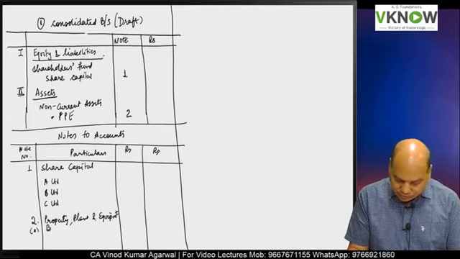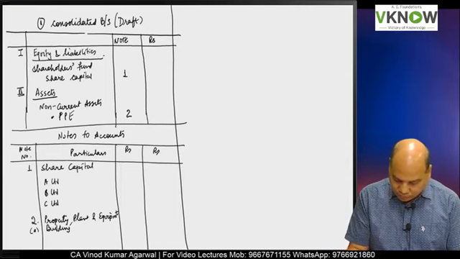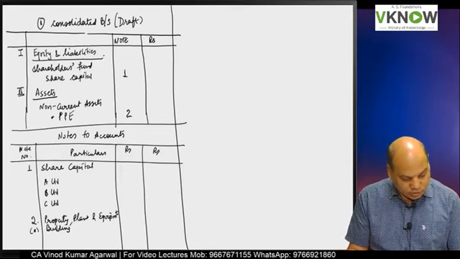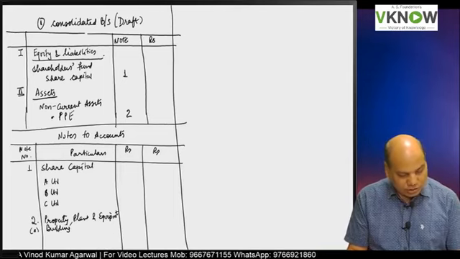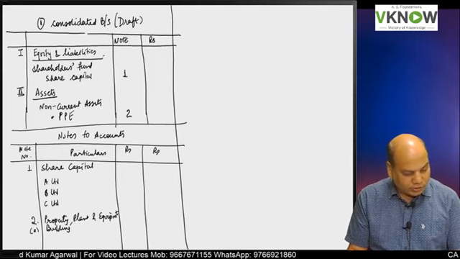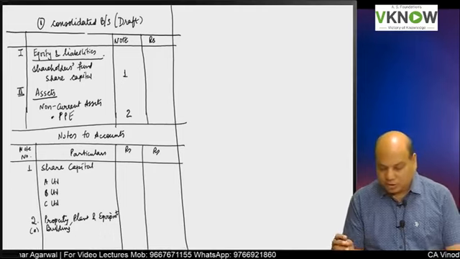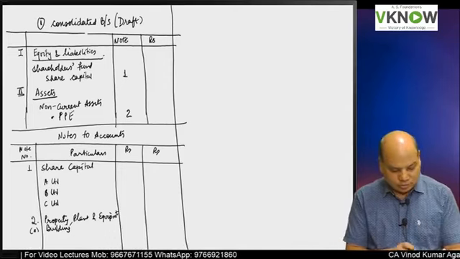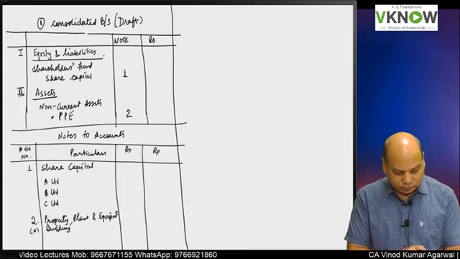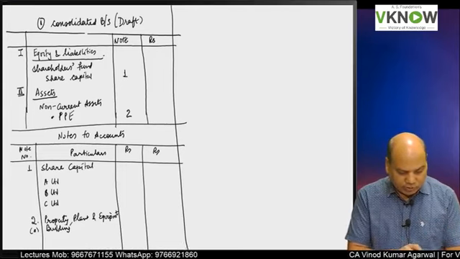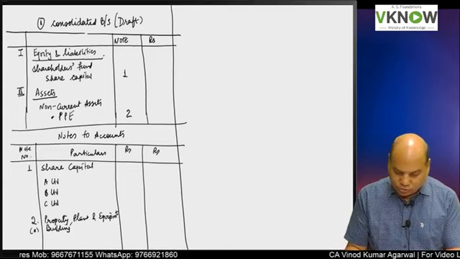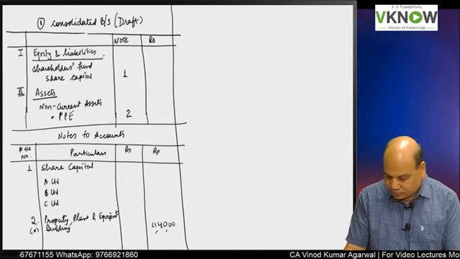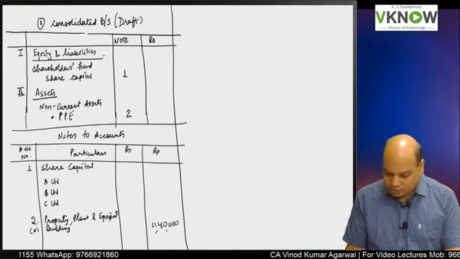First one is building. Now how much is the building? Total building is 12 lakh and depreciation is 5%. So you will take a calculator, 12 lakh minus 5%, that comes to 11 lakh 40,000.